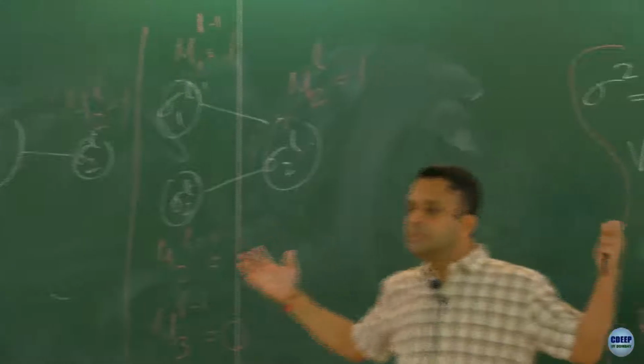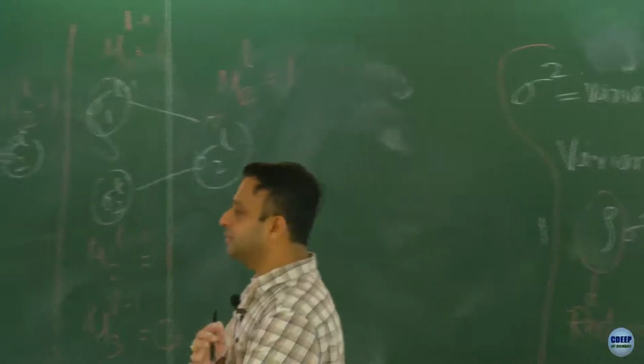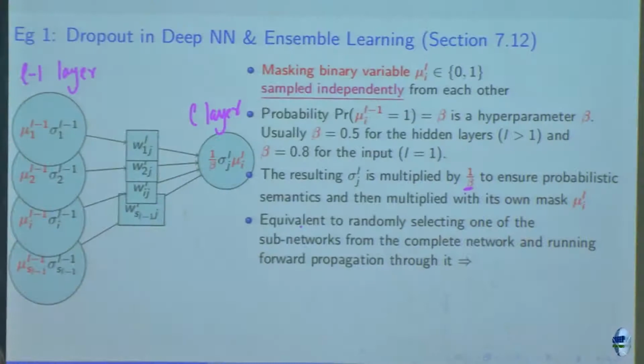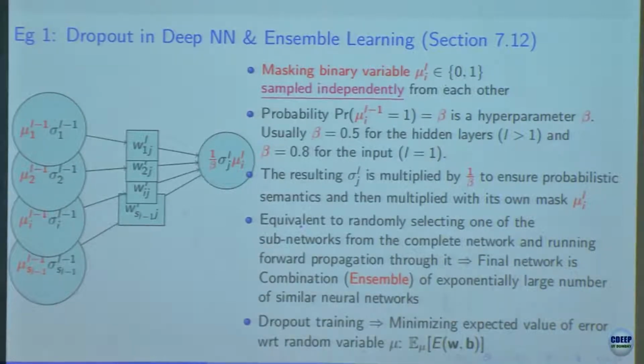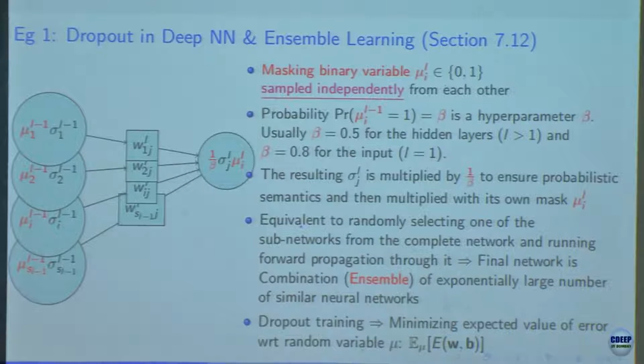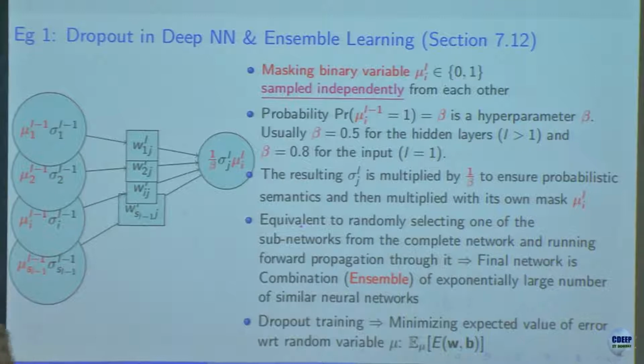Now each such sampling corresponds to an instantiation of a part of the network, and you are basically considering an average, equal to randomly selecting one of the subnetworks, running forward propagation through it and then averaging. So the final network is a combination of an exponentially large number of similar neural networks. In some sense, dropout training corresponds to looking at some expected error rather than the error resulting from one instantiation alone, where the expectation is with respect to the distribution on mu.